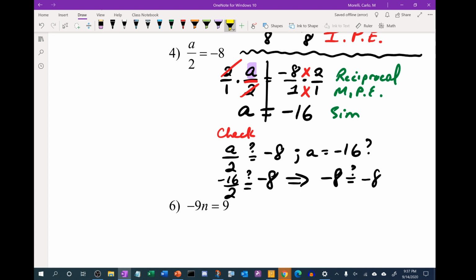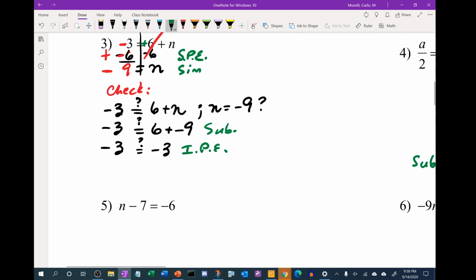Yeah, these are equal to one another. And I can prove that by invoking the identity property of equality, IPE. This step here where I substituted in, I should probably justify that by saying substitution. Okay. Alrighty.